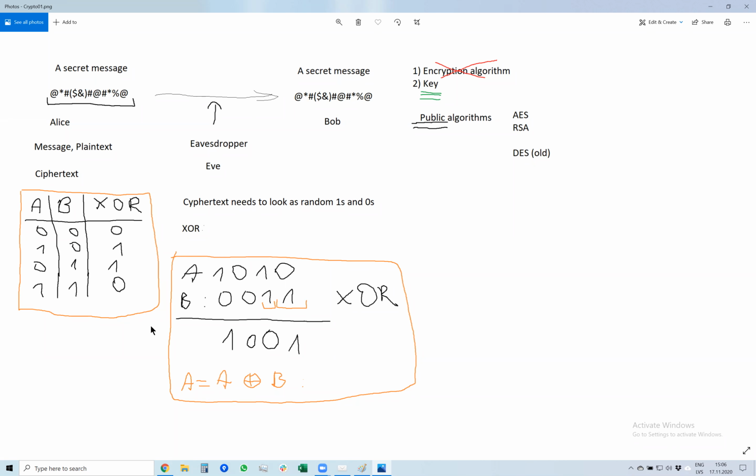So actually XOR works in all three ways. You can take A XOR B, you get C. You take C XOR B, you get back A. You take C XOR A, you get back B. So it works in all three ways. You can change these inputs in their positions, but they still work.